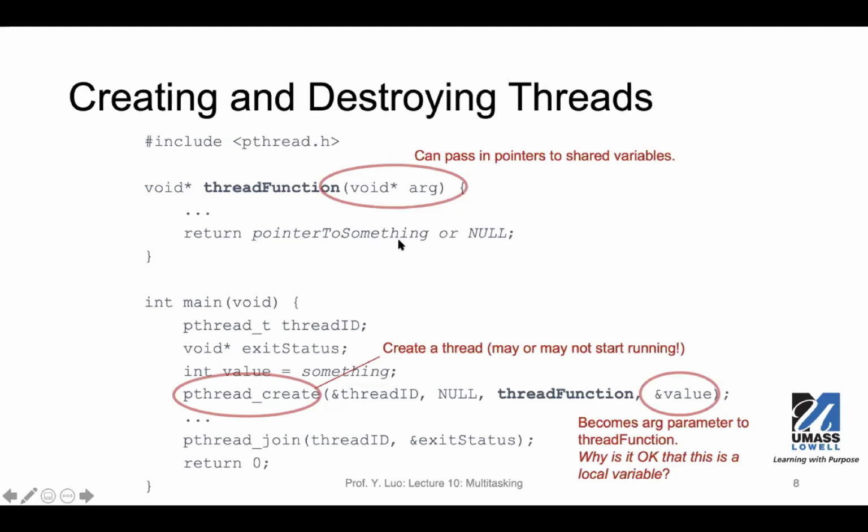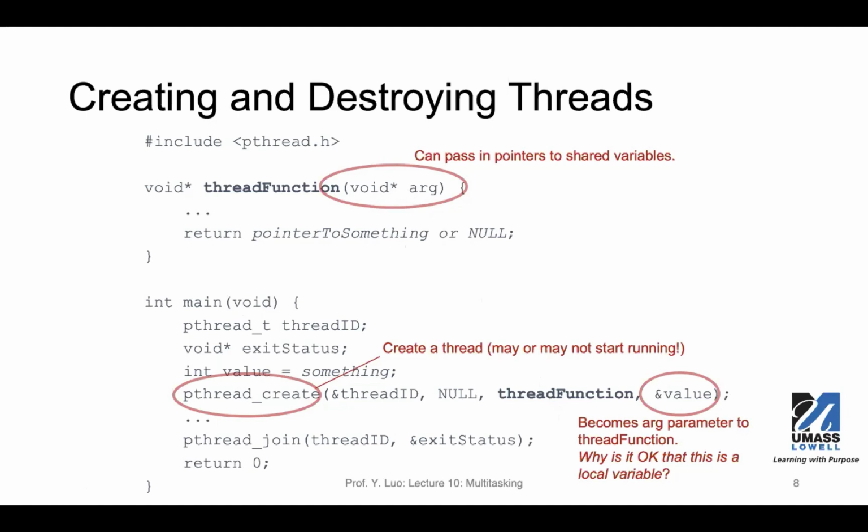The second thing is about the input arguments to the thread function. We know that we can pass in a pointer, and this points to a void type. If you look at this variable, value, it's a local variable of the main function, right?